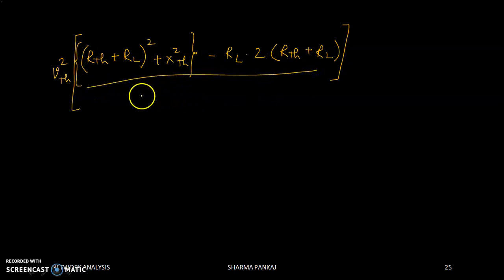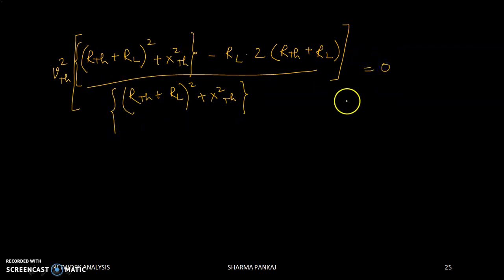This is RTH plus RL whole square plus XTH square, and that should be equal to 0.